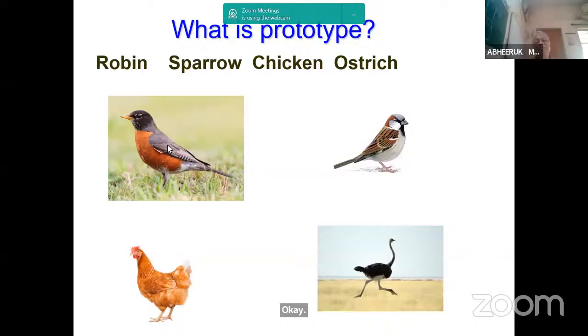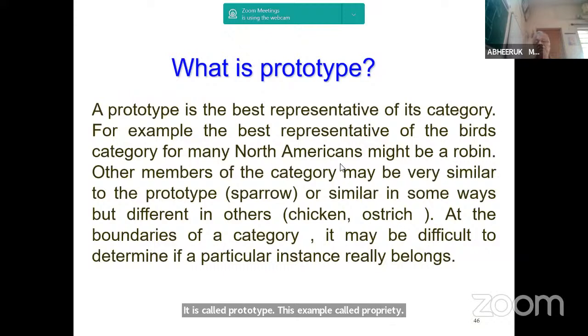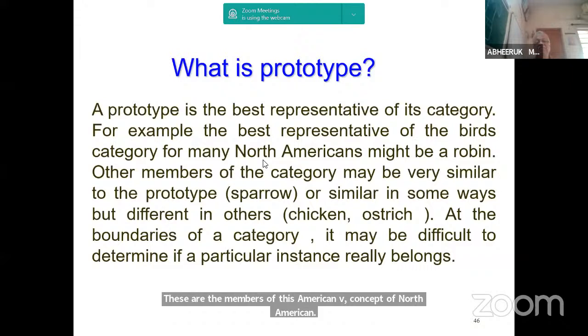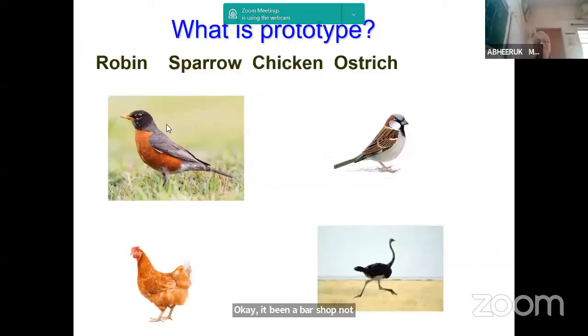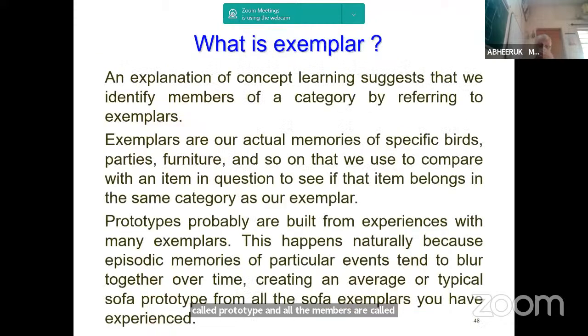Best example is called prototype. These are the members of this concept, birds of North America. So if it is the best example we consider, then it is called prototype, and all the members are called exemplars. So these are the two concepts you remember.